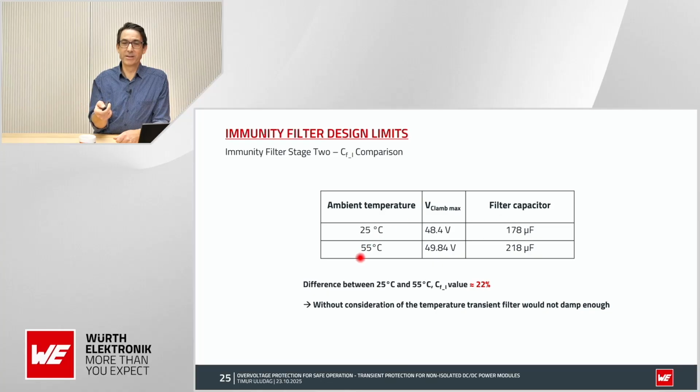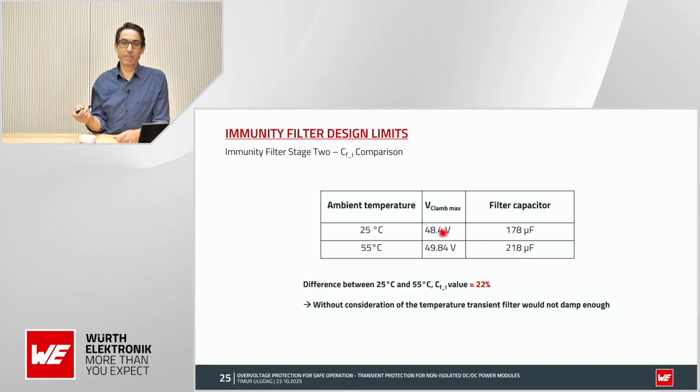If we then be clever and take the real world temperature, 55 degrees, which would lead to a different V-clamp max, 49.8 volts, we will get up to 280 microfarads.